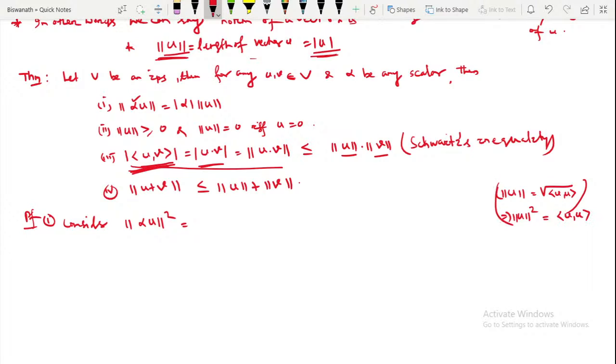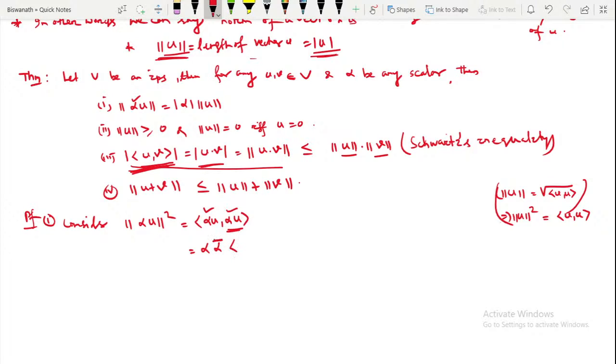So the norm of alpha u squared is the inner product of alpha u comma alpha u. We can take alpha outside, but since this alpha is from the second component, or the second vector, it will become alpha bar when it goes outside of the inner product.